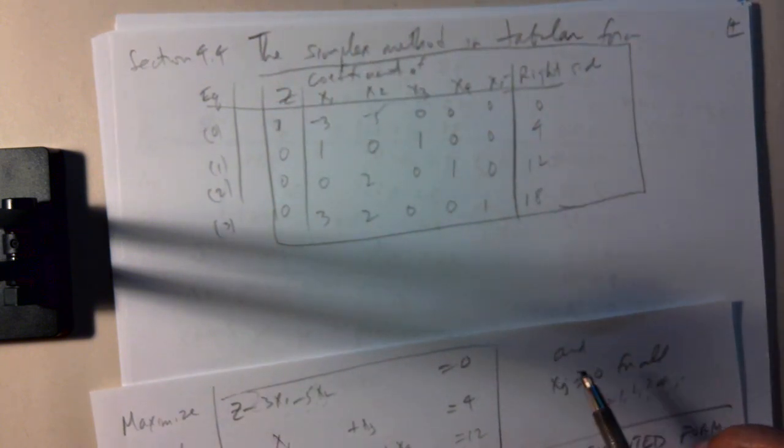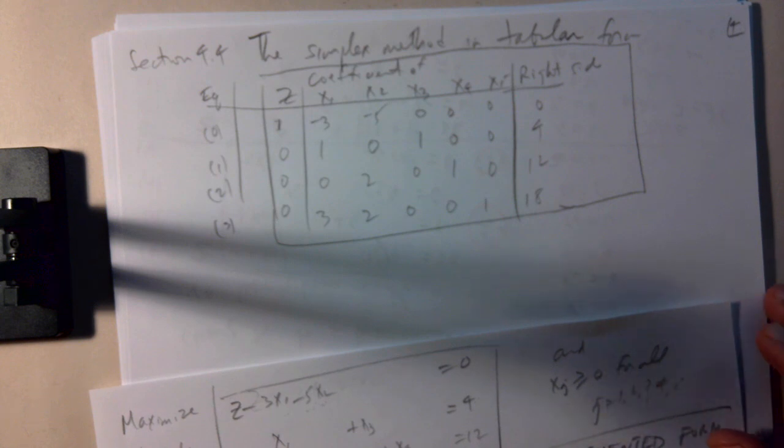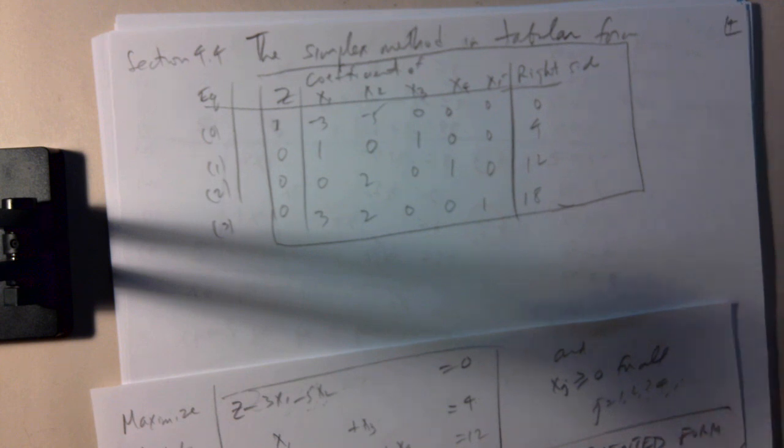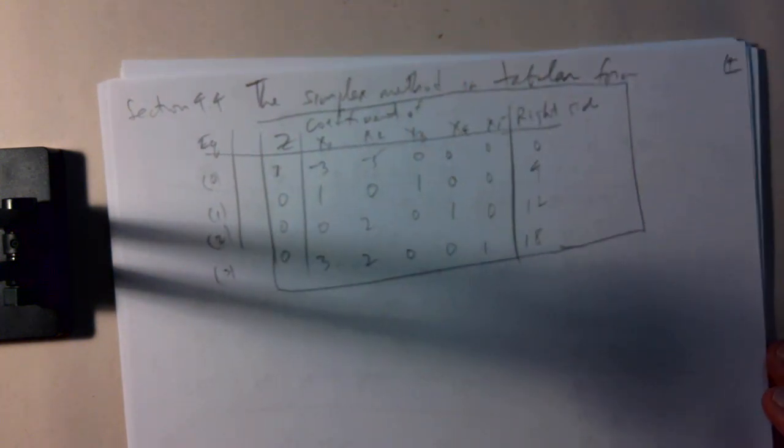So this is the table. And how do we solve the linear programming problem using the table?